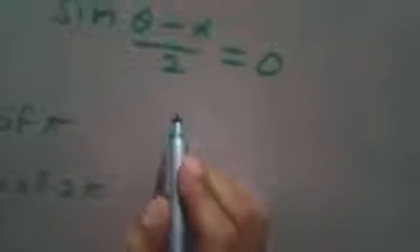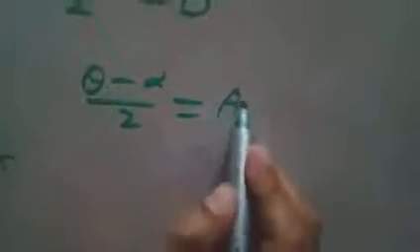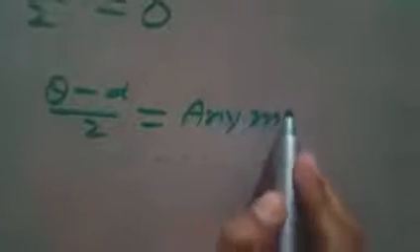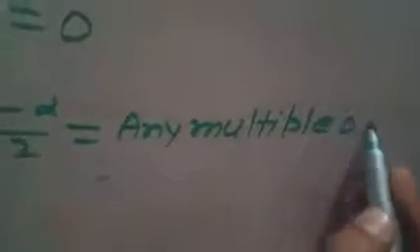Now in the next line, similarly, (theta minus alpha) by 2 equals any multiple of pi, so theta minus alpha equals any multiple of 2 pi.